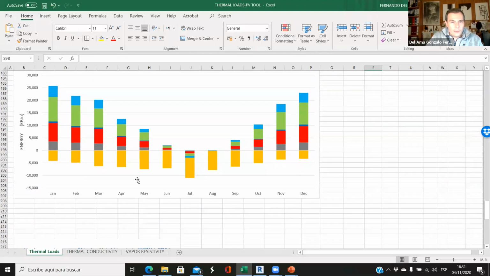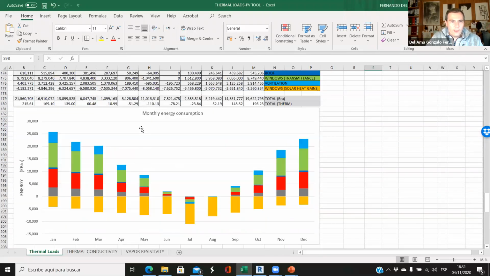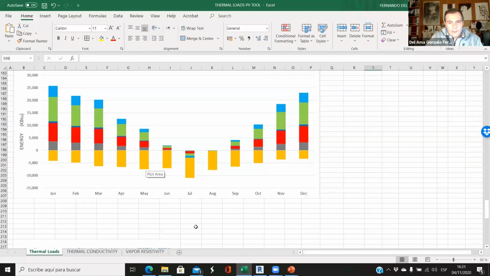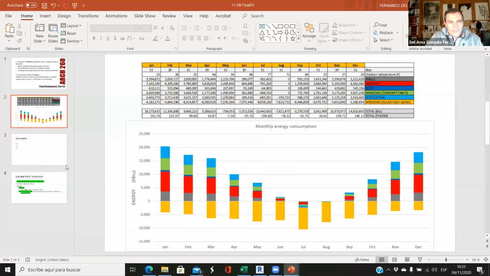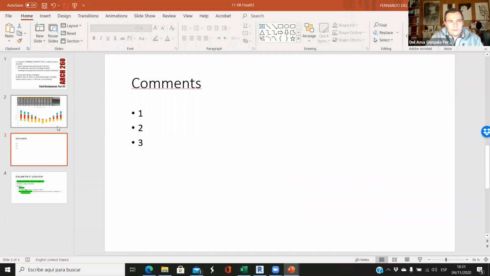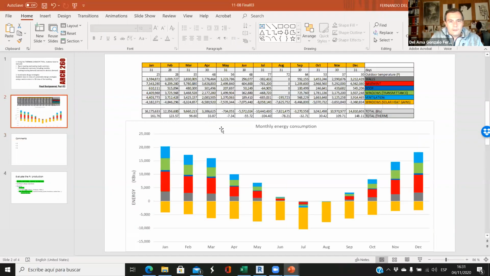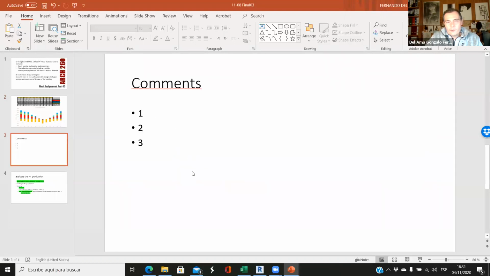You have to insert this table, you have to insert this graphic, and then you need comments. Just bullet points. Or maybe you can insert the graphic before and after, and then draw conclusions about what you have done. That would be a good idea.